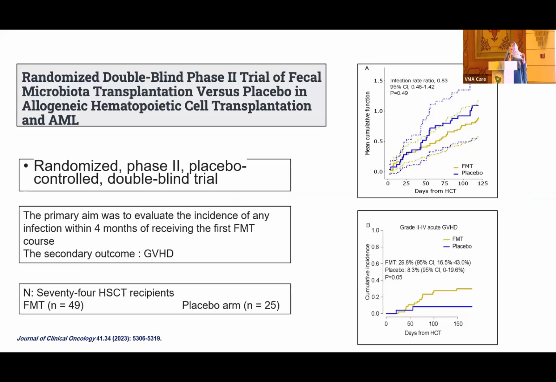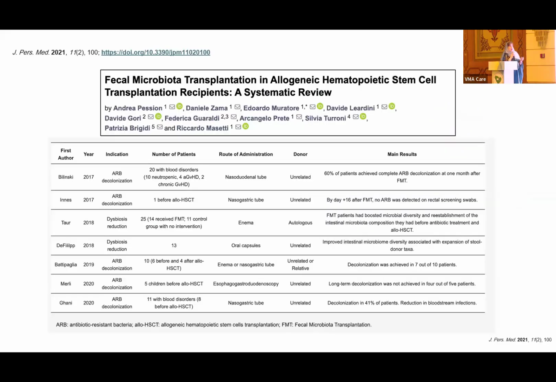It showed that it might increase the risk of graft versus host disease. However, the recent systematic review of almost 10 retrospective trials in allogenic bone marrow transplant shows promising and safe results for fecal transplant. Not only this, it reduces the risk of graft versus host disease.